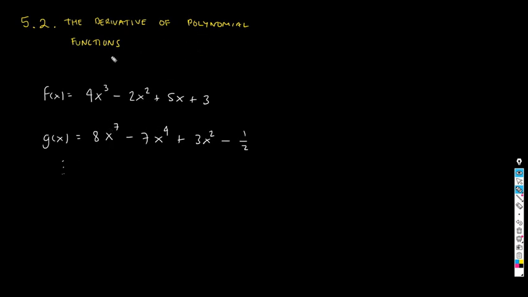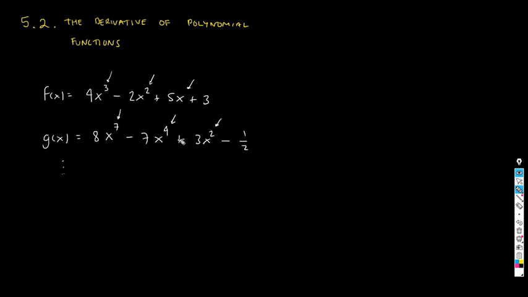So a polynomial function is a function that looks like this, okay? And the basic property that you must understand is that a polynomial function is a function in x such that the exponents of x are always positive integers. Okay? Positive integers.